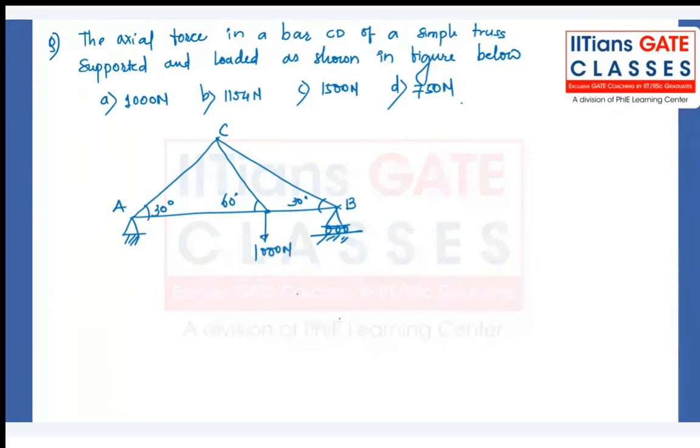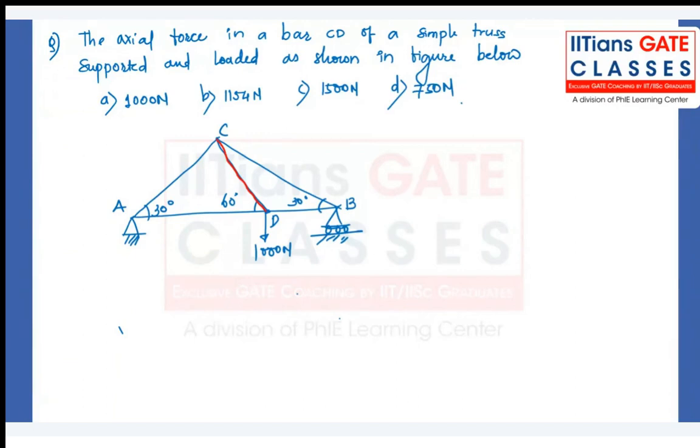This is your point D. I am using the red pen to highlight the member CD of the simple truss supported and loaded as shown in this figure. You are supposed to calculate it. So what is the first step?